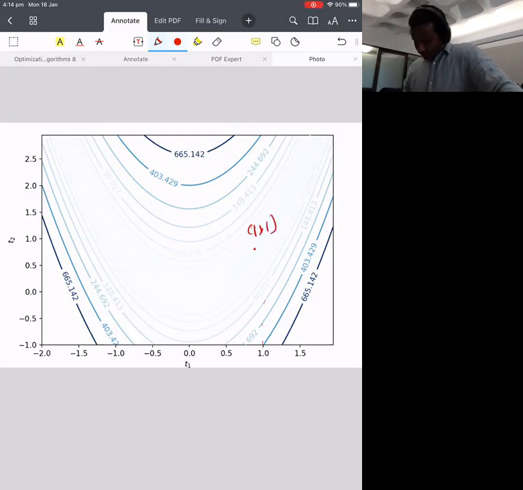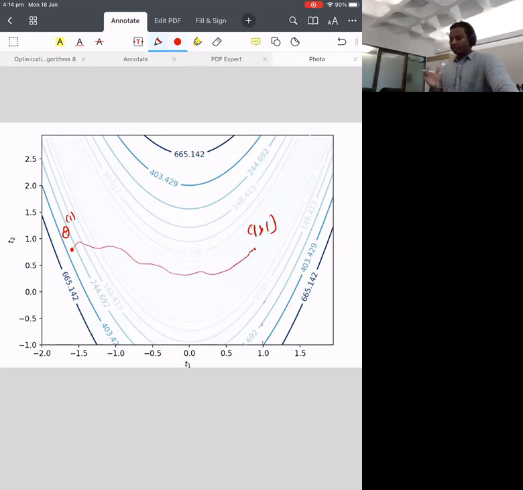You started somewhere, say this is theta 1. Suppose you pour some water here. It will always take the steepest descent direction, and it flows somewhere, finds a way, and goes all the way to the minimum. That is the inspiration for this method.